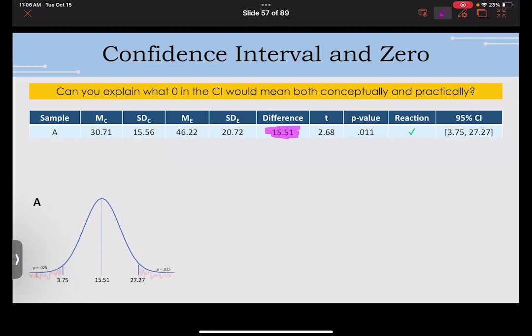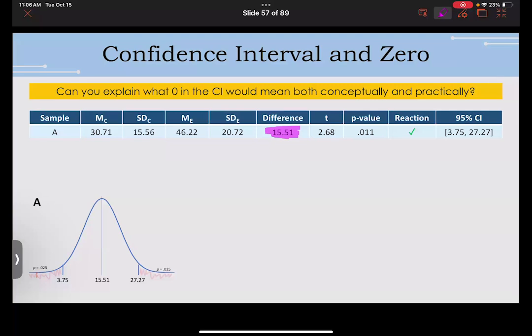Is 0 in this confidence interval? No. So if the way we interpret confidence intervals is we're 95% certain that the true parameter lies in this interval, do we think point blank that 0 is a possible parameter? No. And what does 0 mean? What is the parameter of interest that we're interested in here? Mean difference, right?